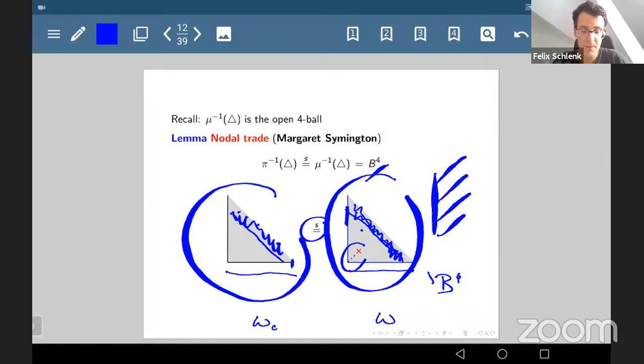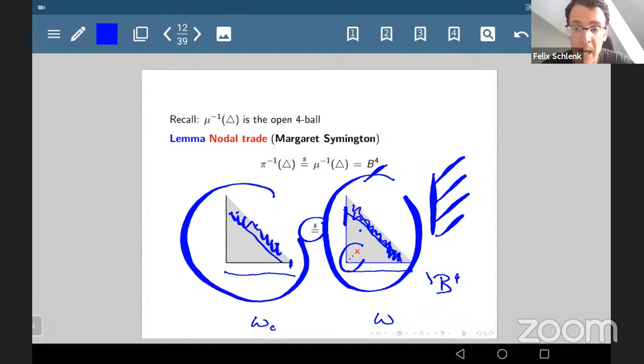But the problem is that from this argument, I do not know a priori that my two symplectic forms are isotopic. You see? This is a deep theorem to say that the space of symplectic forms on a four-ball that are standard near the boundary is connected.